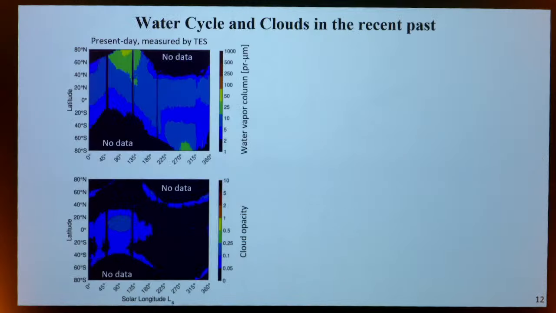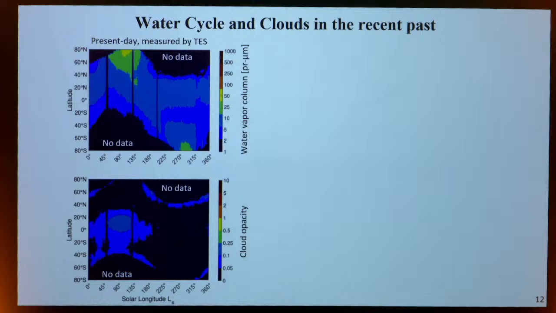So as Joseph showed this morning, we have a significantly different water cycle during the recent past of Mars. Here you have the present-day water cycle. On the top, you have a map where the y-axis is the latitude and the x-axis is the solar longitude, showing the seasonal evolution of the water vapor content in the atmosphere.